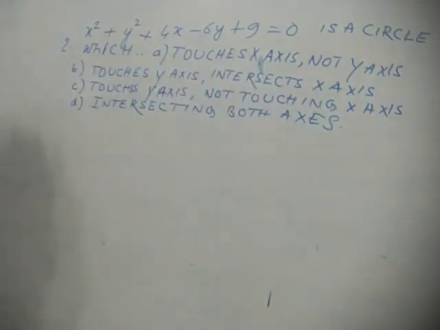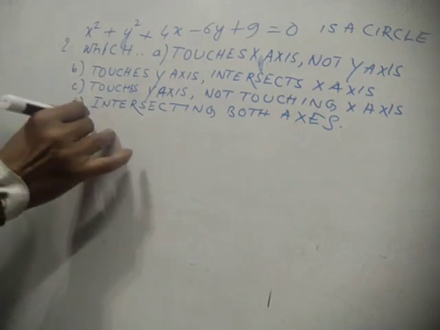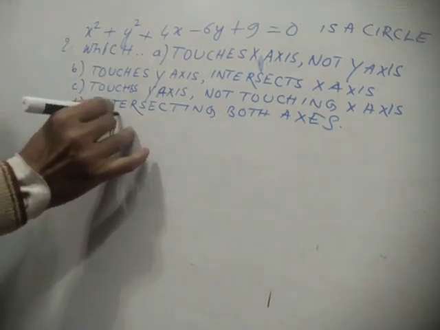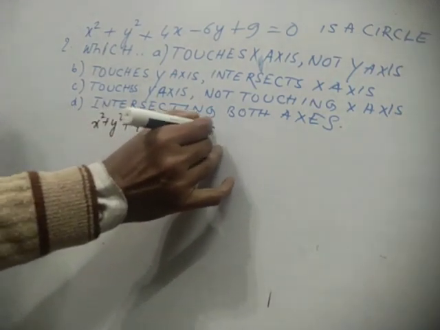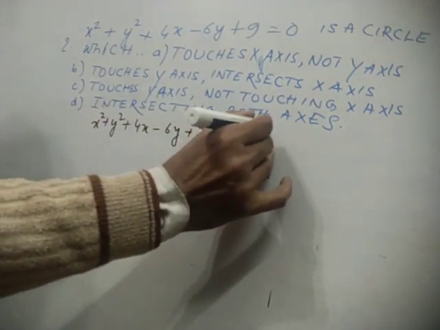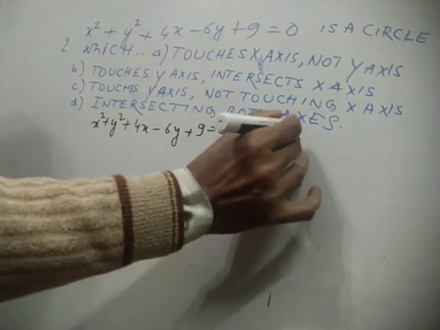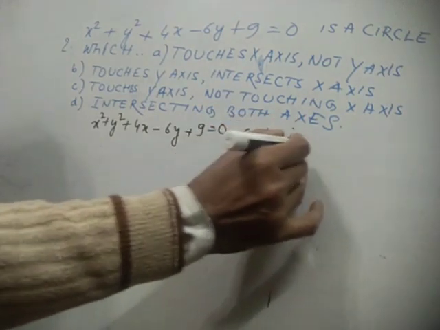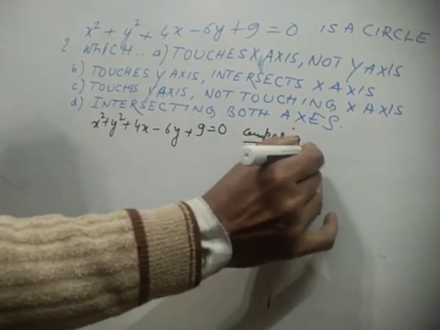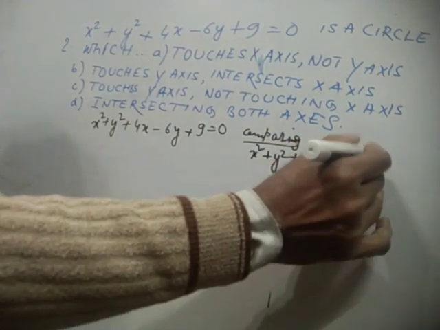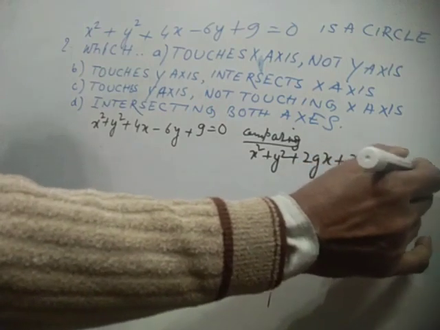Now first we have to think how to do this type of sum. First we need the center and radius for this circle. That's why we'll compare this with the general form of a circle, x square plus y square plus 2gx plus 2fy plus c equals to 0.